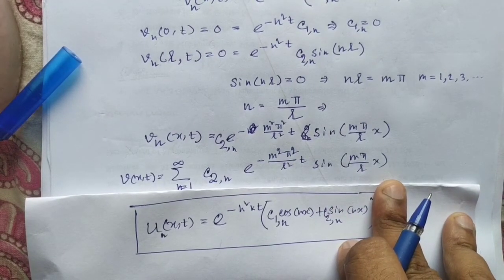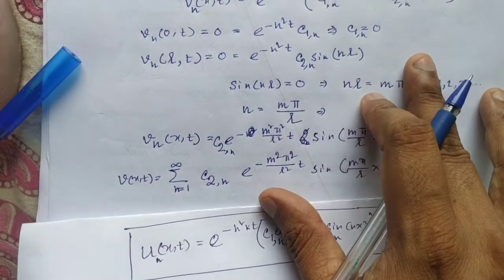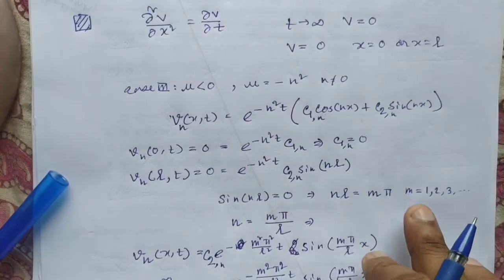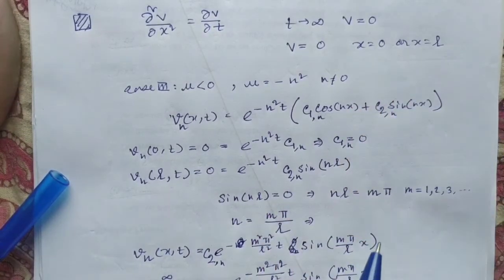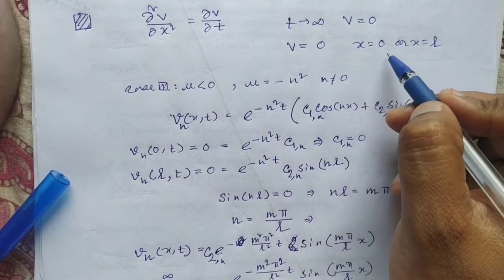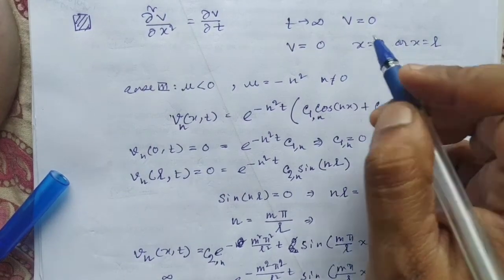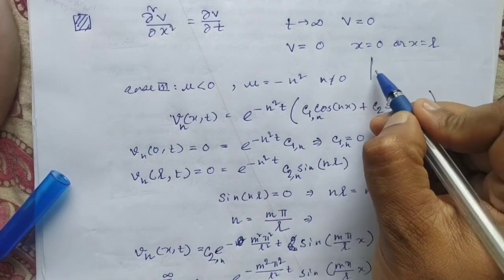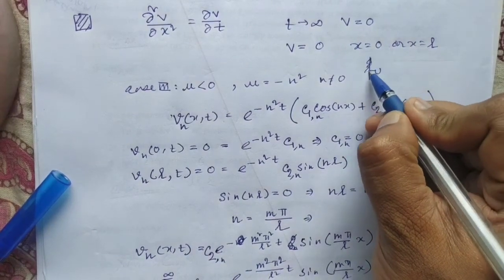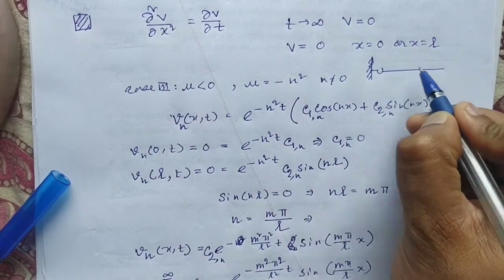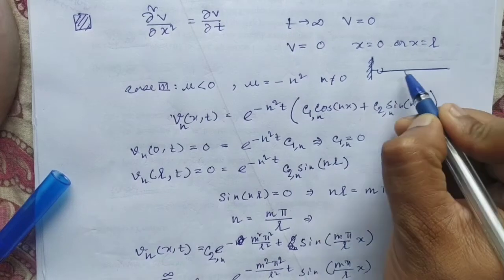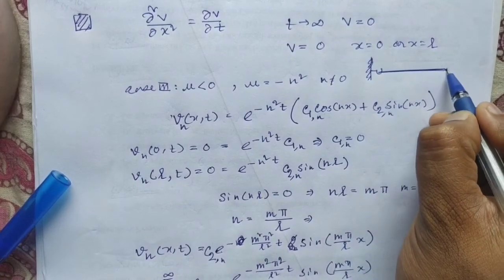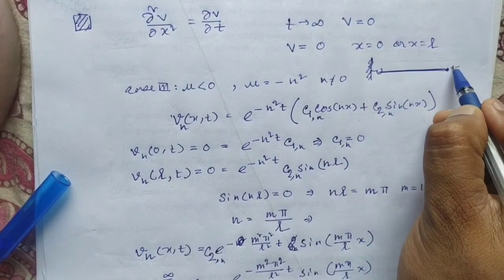And whenever you are giving some boundary for your solution to propagate, like x is equal to 0 or x is equal to L, suppose there is a wall, and you have taken a conductor there and you are imposing some temperature.